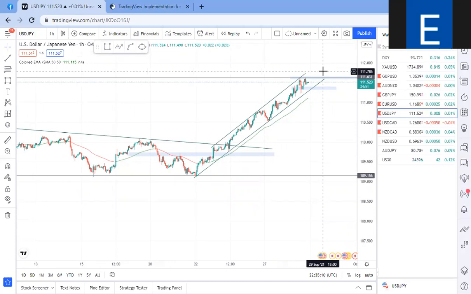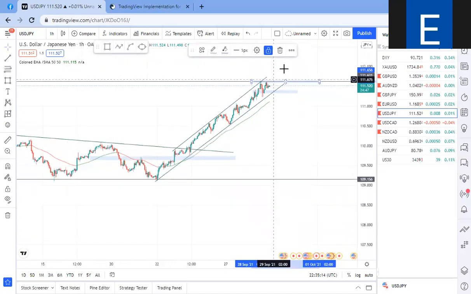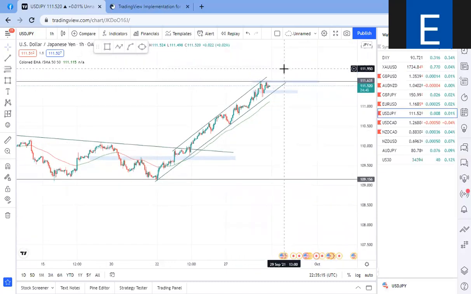So they're going to manipulate price, stop a lot of people out, gather liquidity to move in the right direction. But before that, they're going to stop a lot of traders out.